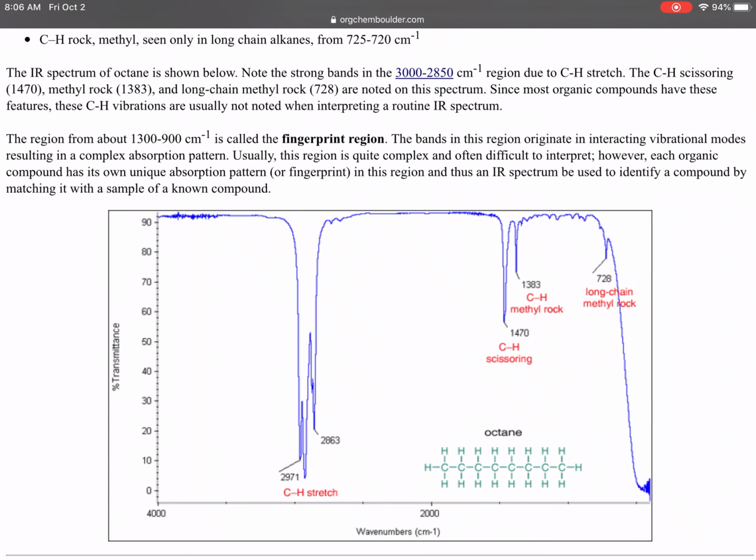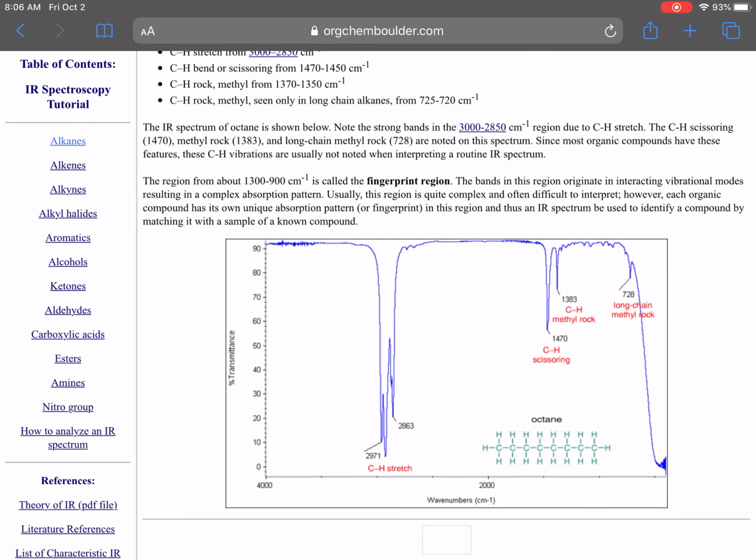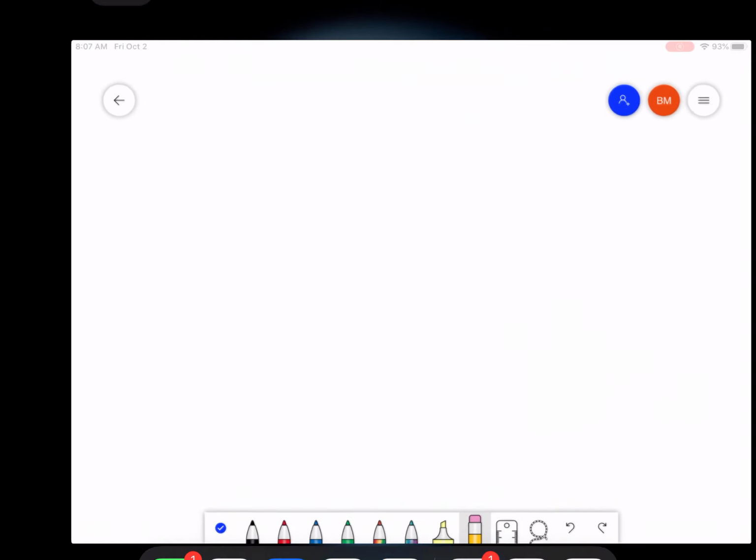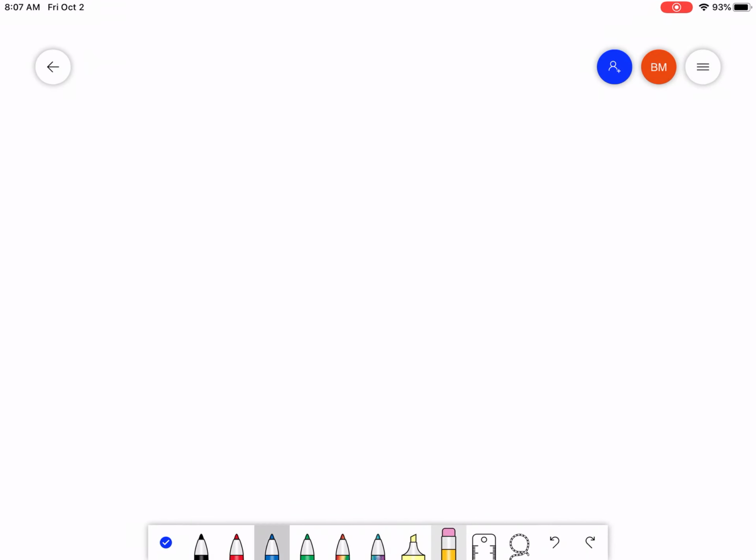If you look at this, we've already talked about the fact that you can help identify things by their wave number range. There's a couple of other features as well. We can look at both the size and the shape of the peaks. So, let's make a list.